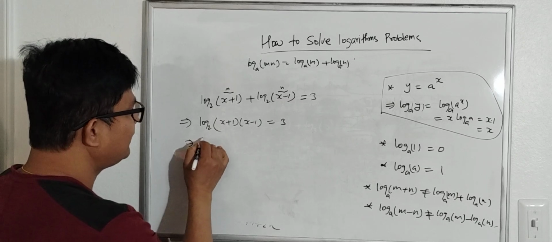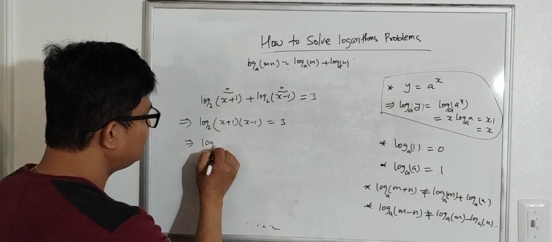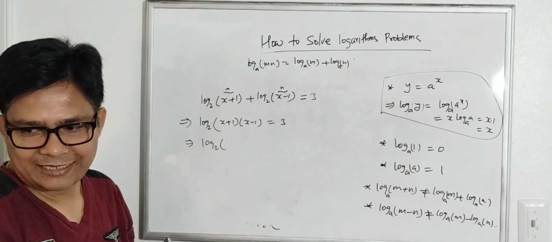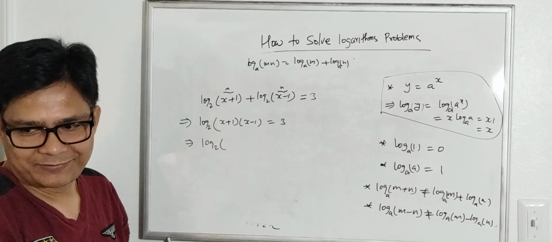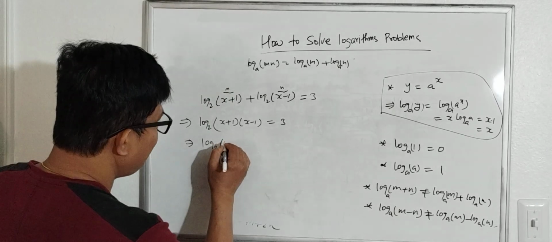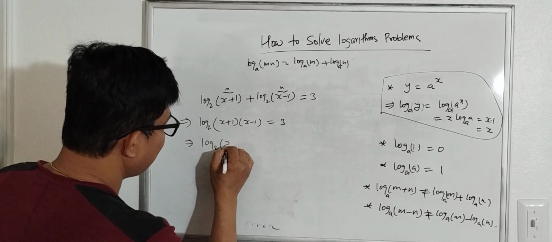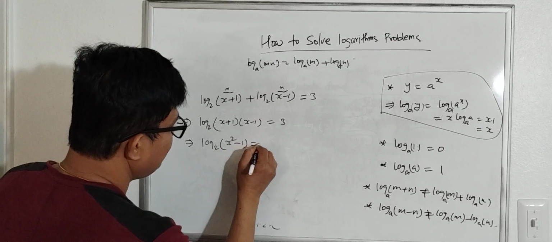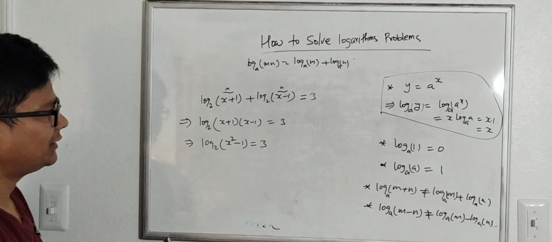And you know that a plus b times a minus b is equal to a squared minus b squared. So log base 2 of x squared minus 1 squared, which is 1, is equal to 3.